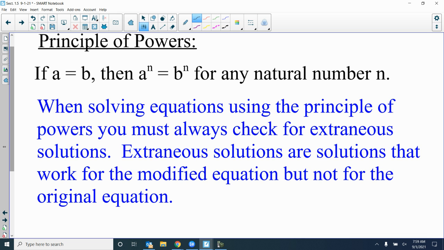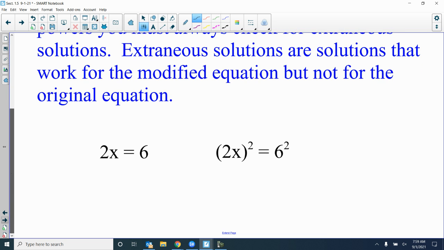A real simple case. You would never do this, but it just shows what's happening. 2x equals 6. What does x have to equal? 3. We all know that, right? If you square both sides, it still has to be equal. But if I square both sides, I get 4x squared equals 36.